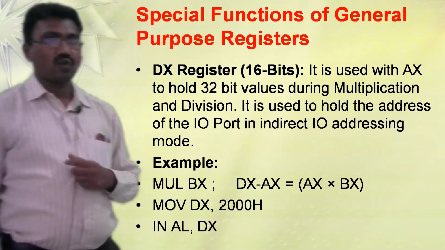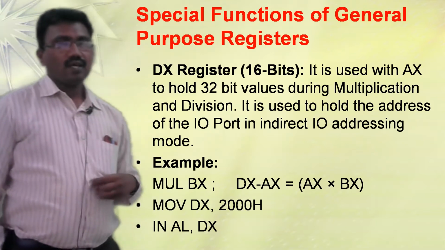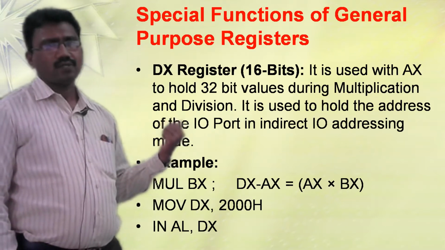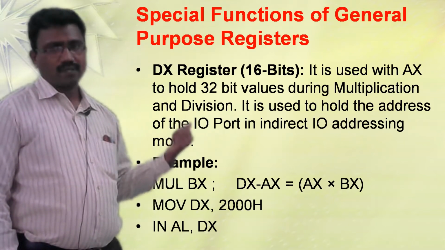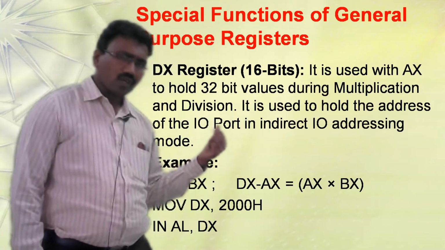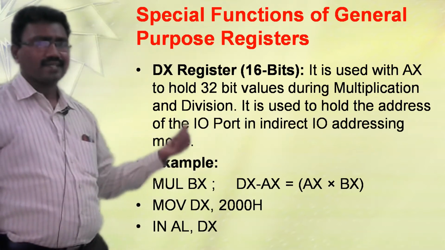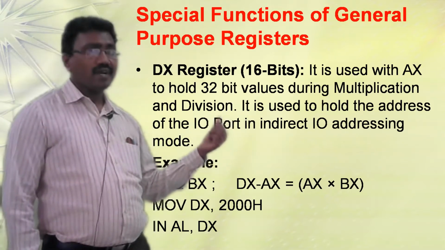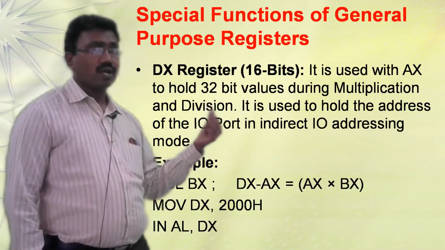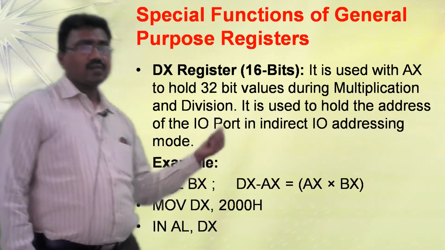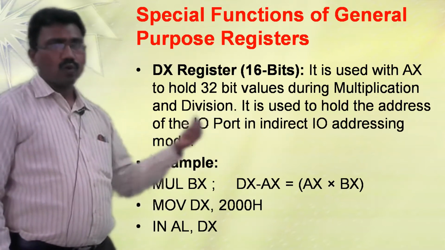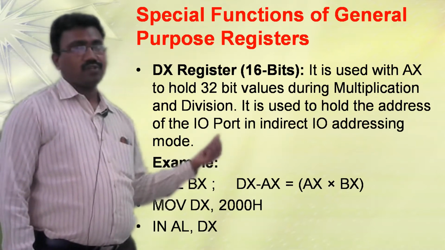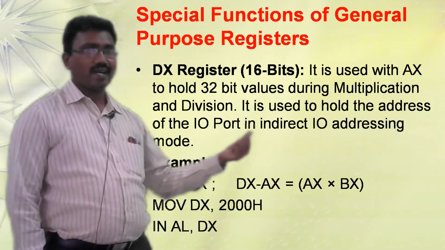That is one more special function of AL and AH. In case of multiplication, the combination of DX and AX holds the result. In case of division, a 32-bit dividend can be stored in DX and AX. And one more special function of DX is to hold the address of the IO ports in indirect IO addressing modes.